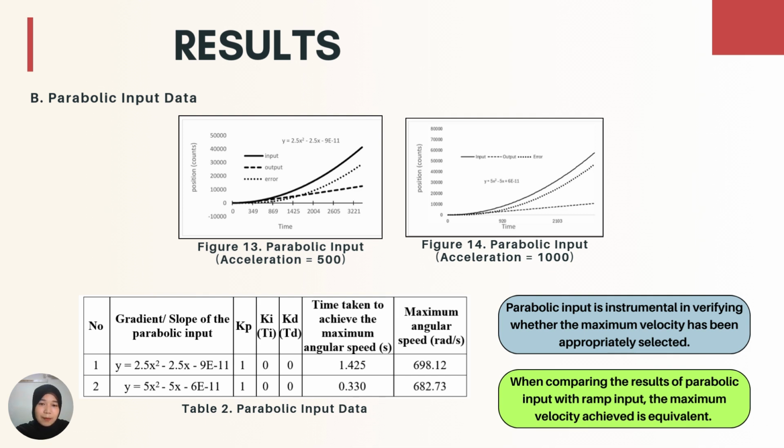Next is the parabolic input data. The parabolic input is instrumental in verifying whether the maximum velocity has been appropriately selected. When we compare the result of the parabolic input with the ramp input, the maximum velocity achieved is equivalent. If you can see, the maximum aggregate speeds here are 698 and 682.